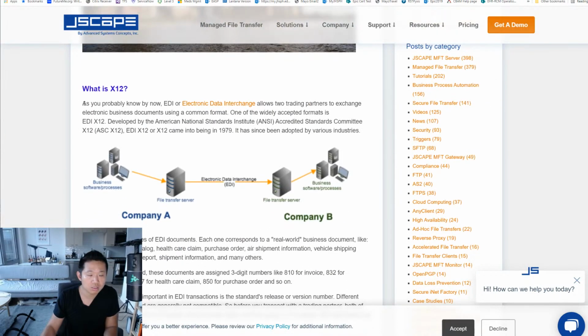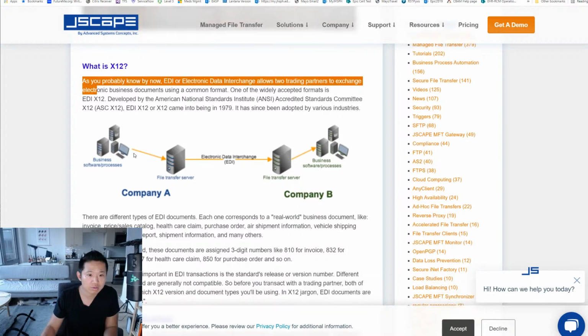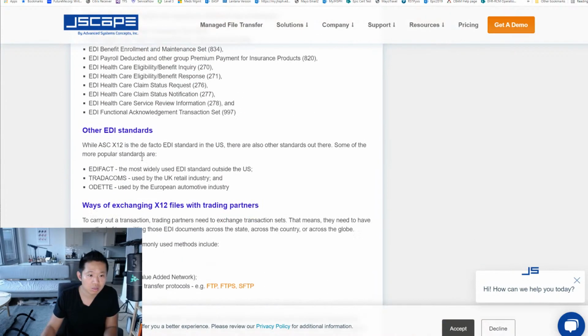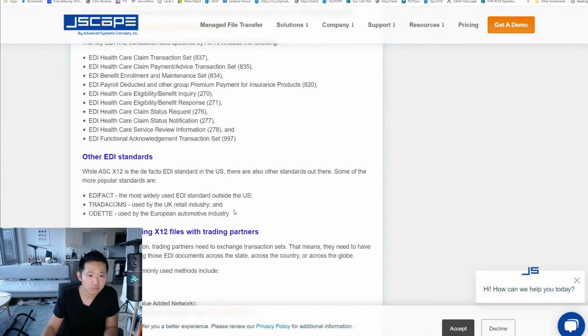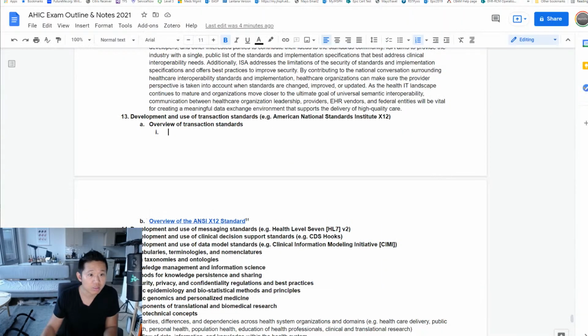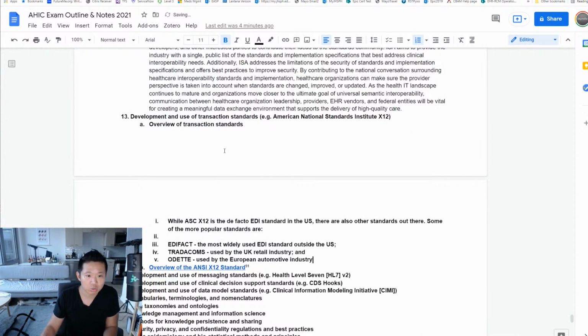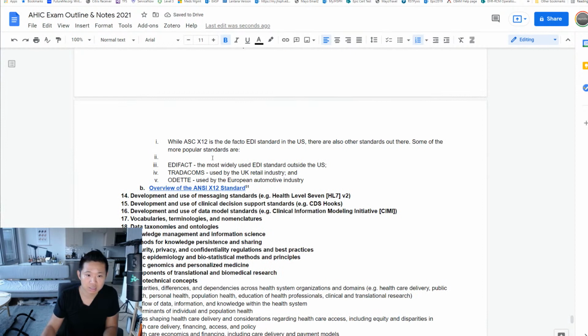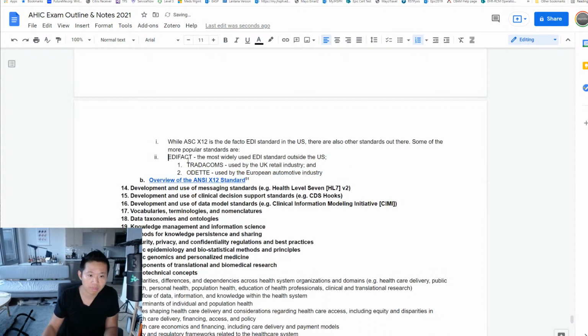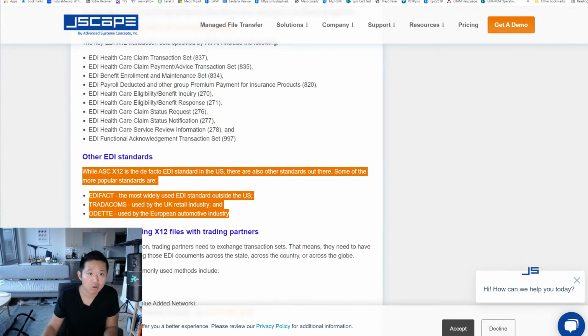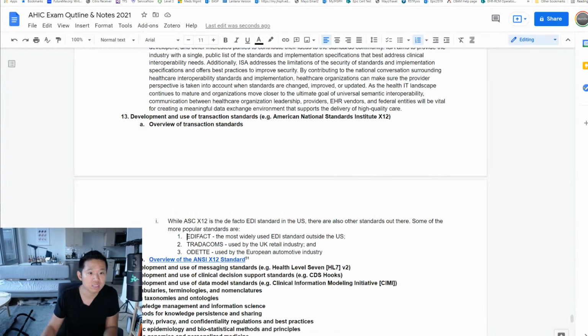One is knowing that X12 is the de facto standard in the US, but knowing some of the other transaction standards that exist outside is probably really good to know. Go back here. Let's go ahead and cite this as what is EDI.